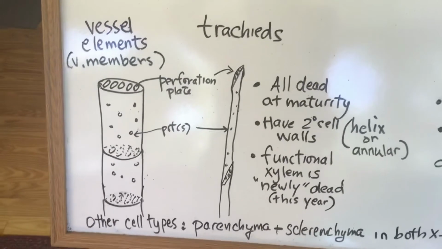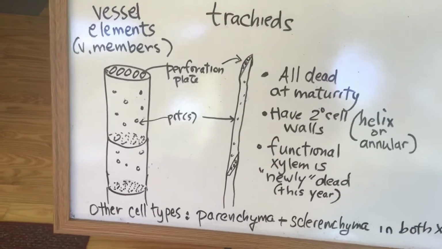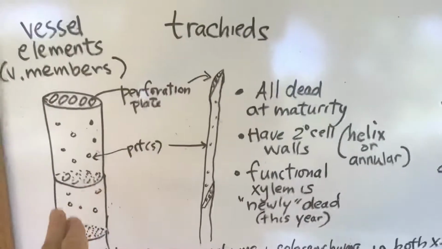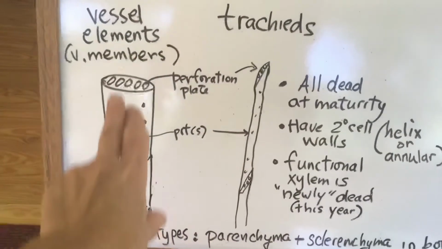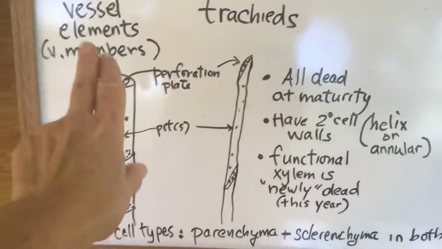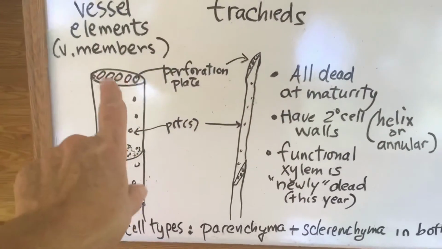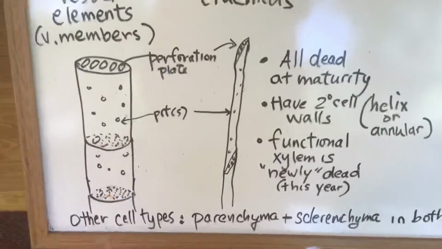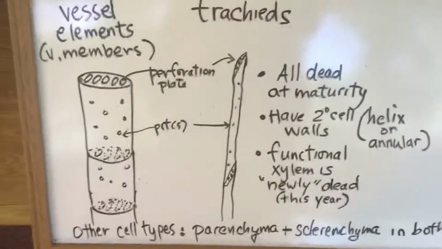And as it dies, the cytoplasm and the vacuole and all the organelles disappear, leaving a hollowness inside of the cell. That hollowness creates a tube through which water can flow, and that happens in the tracheids as well.